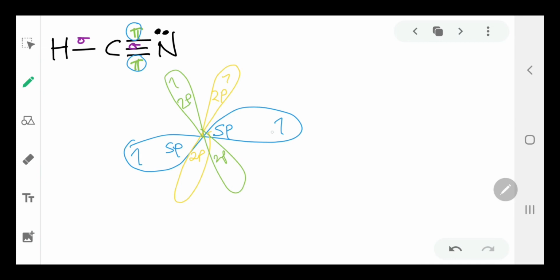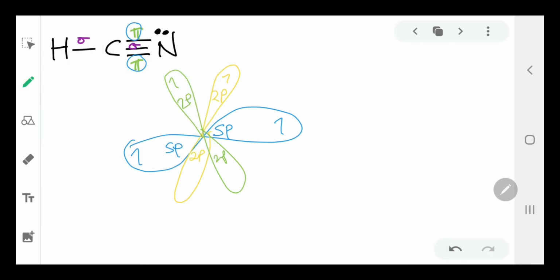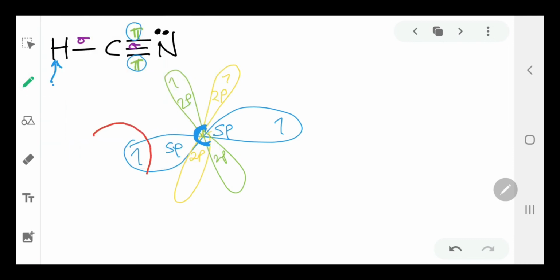The one in blue is for the sigma bond overlapping, the one in yellow over here is for pi overlapping, and also the one in green over here is for pi overlapping. Those are the pure 2p orbitals of carbon. That is going to be your carbon right there. What you can do now is draw the hydrogen. You can already do it right there.